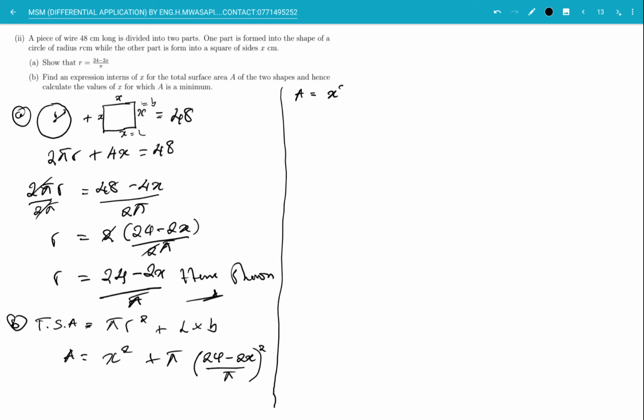Okay, so this is our expression for the total surface area in terms of x.